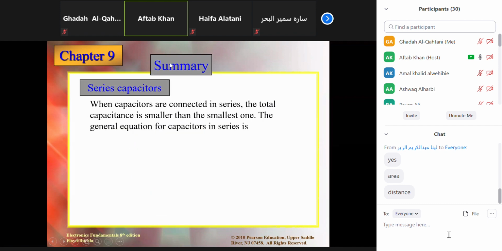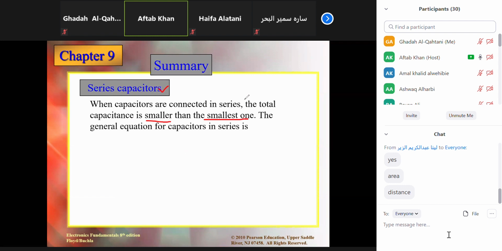Now, this is a series capacitor circuit, which could be new for you. We can have a circuit with many capacitors connected in series. When capacitors are connected in series, the total capacitance is smaller than the smallest one. It is the opposite of the concept you learned for resistance. When resistances are connected in series, does the total resistance increase or decrease?